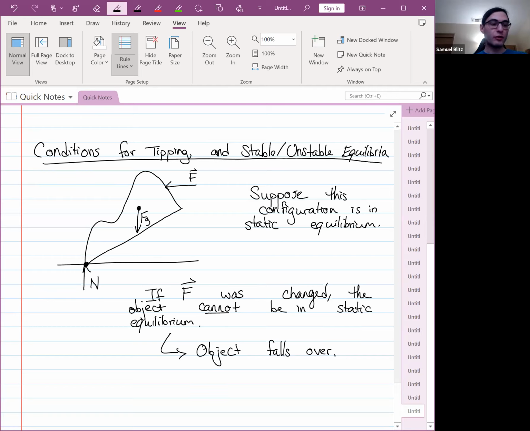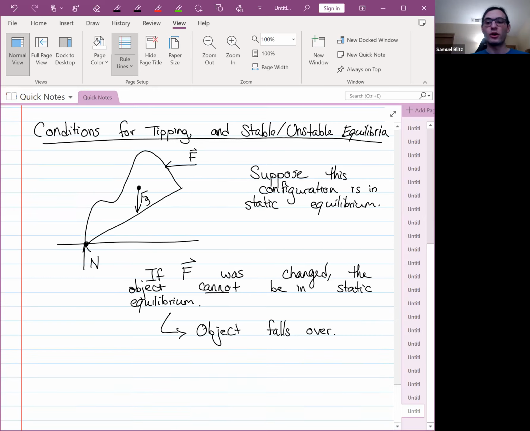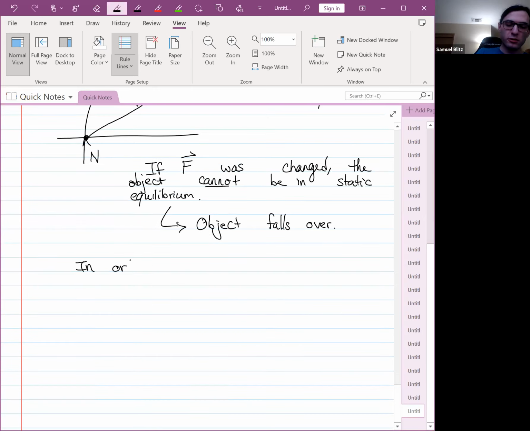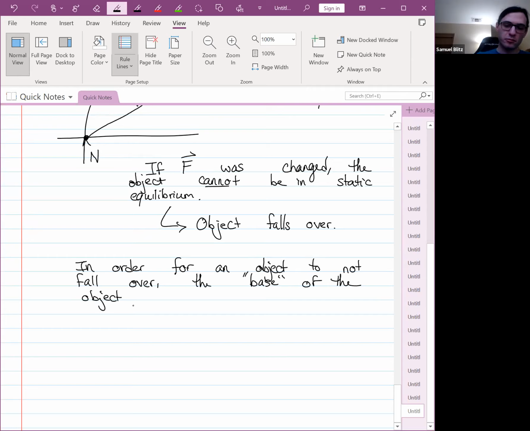Well, in order for an object to not fall over, the base of the object, the thing that's touching the ground, must be below the center of mass.